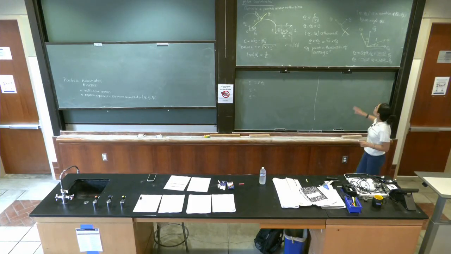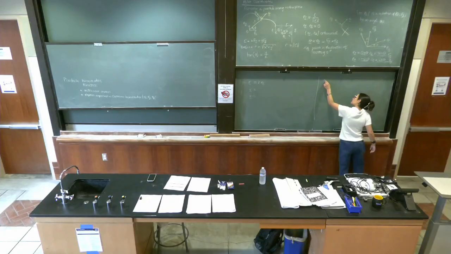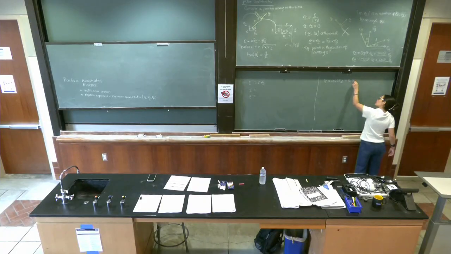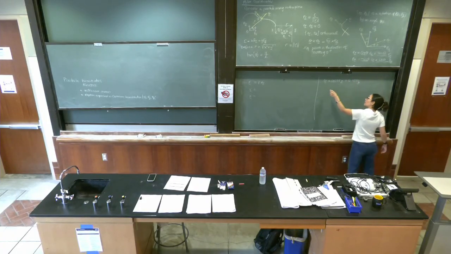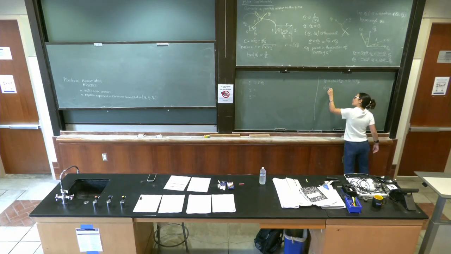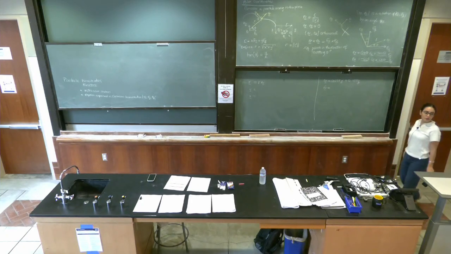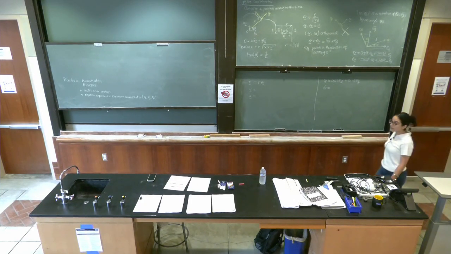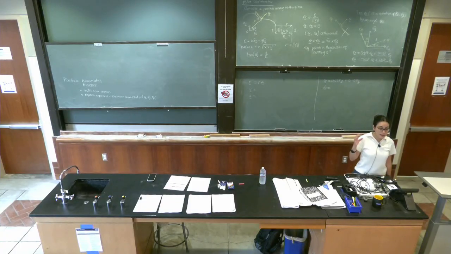I have that e_r is cosine theta e_x plus sine theta e_y. How do I calculate e_r dot? I take the derivative, but with respect to what?